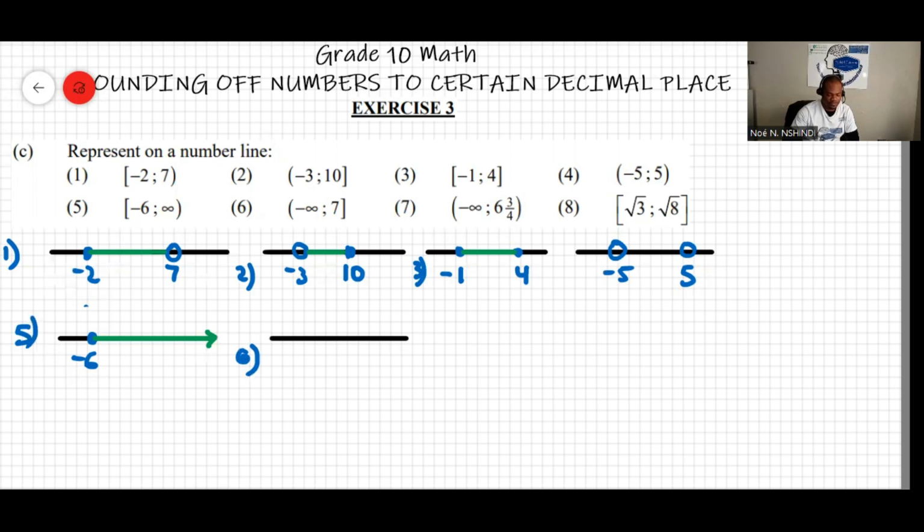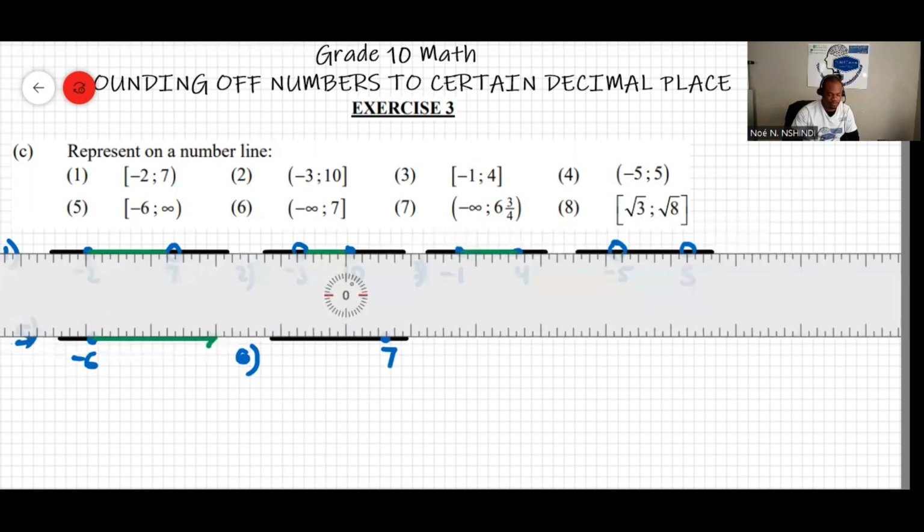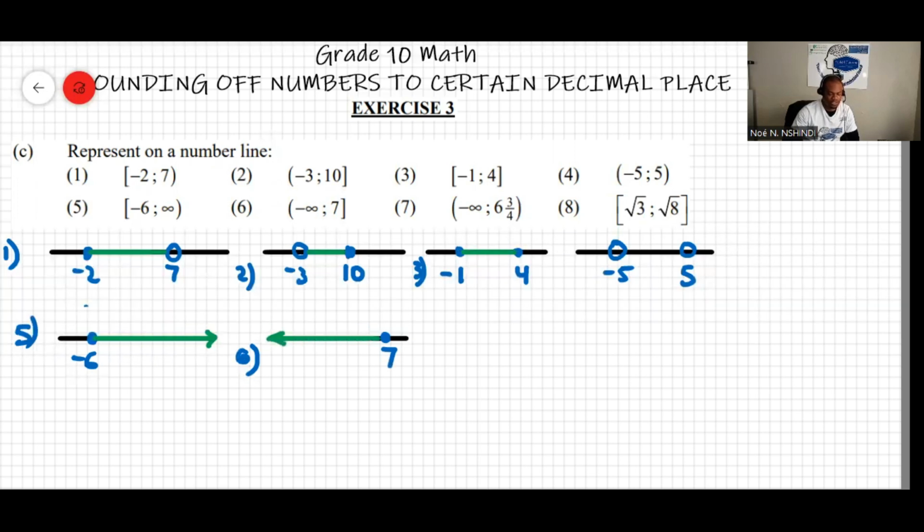By 7, I must put a plain circle, and then I put my arrow like that, to say it's from -infinity to 7. A similar thing will be here, but it's going to be an open circle, because it is a round bracket. And here, because it's square brackets, we put plain circles and draw the line that connects the two values.